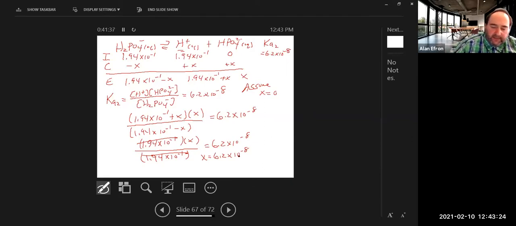by making that assumption. We do want to check the assumption. So we'll go with 6.2 times 10 to the minus 8 divided by 1.94 times 10 to the minus 1, times it by 100, and it's nowhere near 0.1%. So the check is good on this.